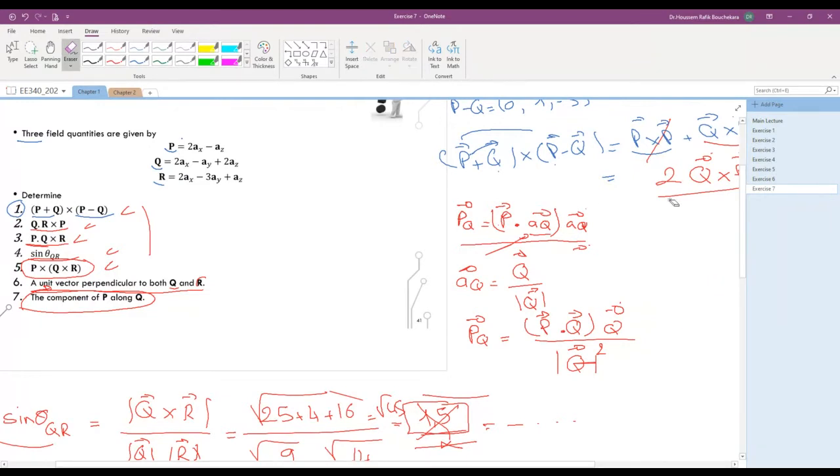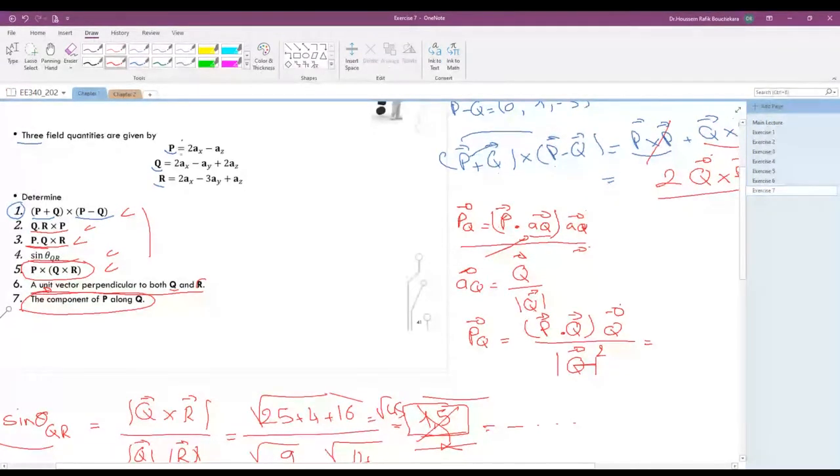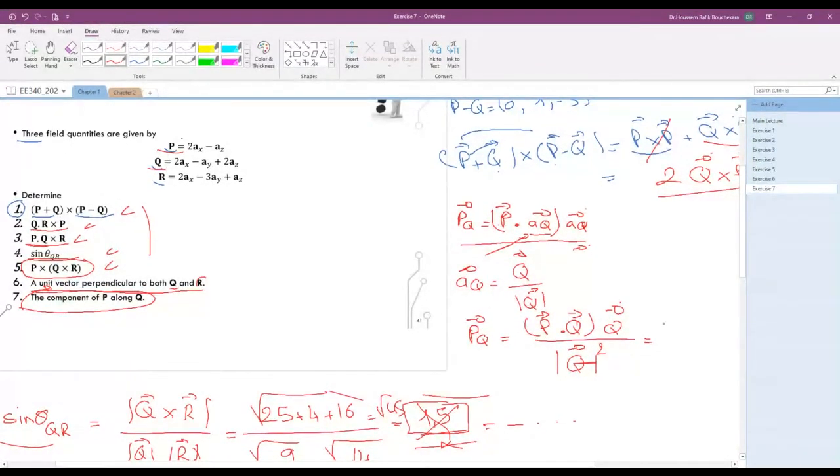يلا نحسبها يا شباب together. It is equal to P اللي هي الدوت between P and Q، 2 في 2، 4، 0 okay, minus 1 plus 2.